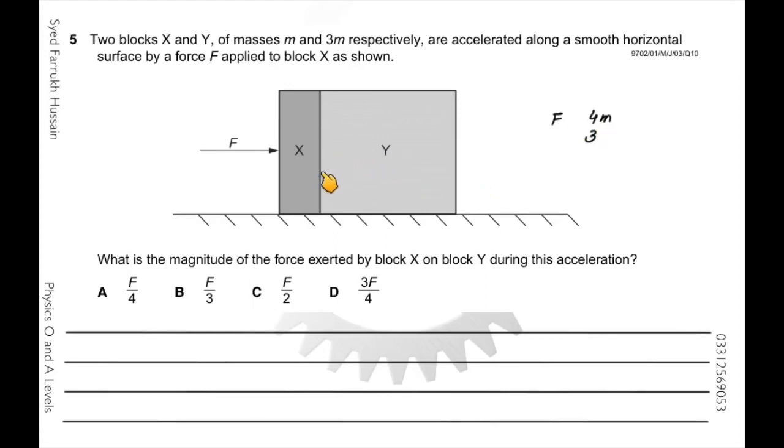So you have to find the magnitude of force exerted by block X on block Y, which is actually equal to the force applied by block Y on block X. On block Y, the force is actually 3 parts of the total force. It's because more mass means more force. So object Y is more massive, so it will apply more force on object X. 3F upon 4 is the answer.